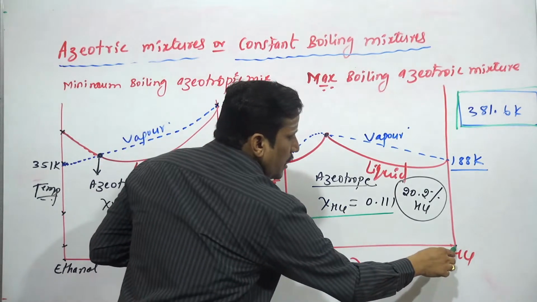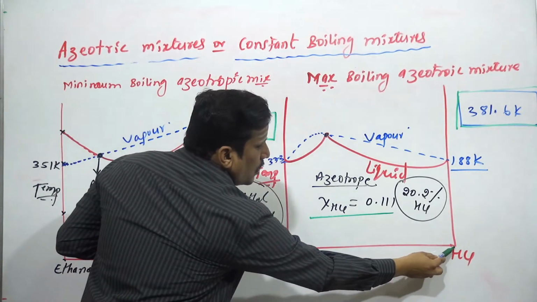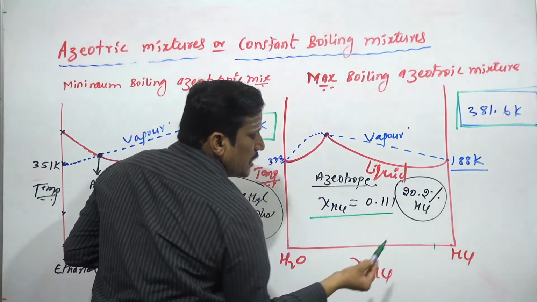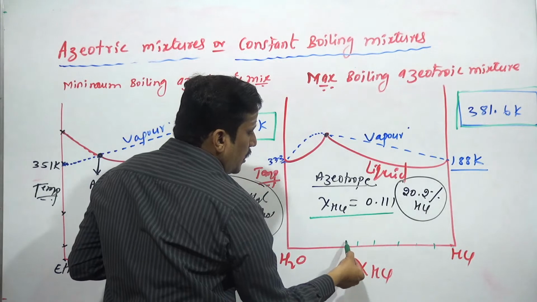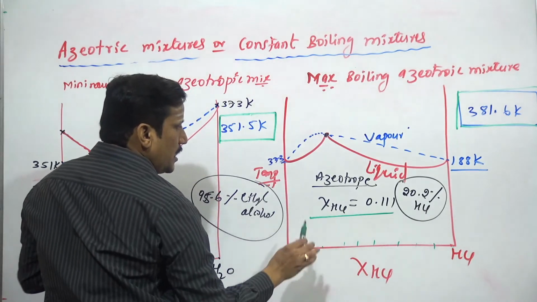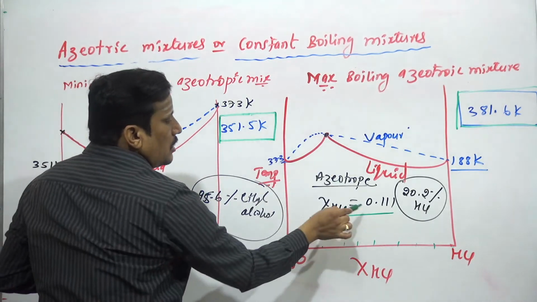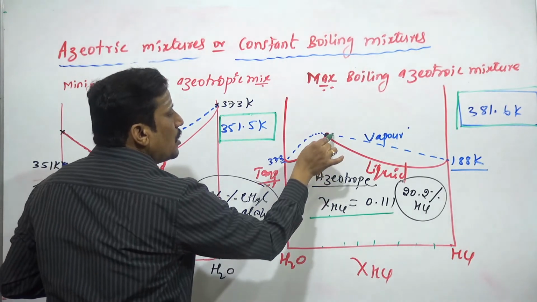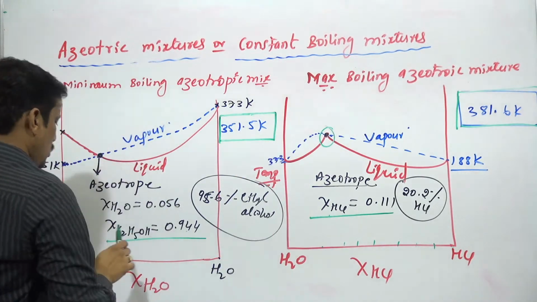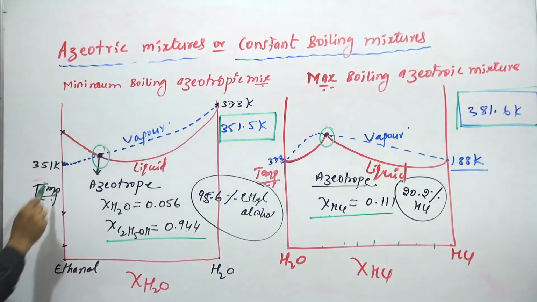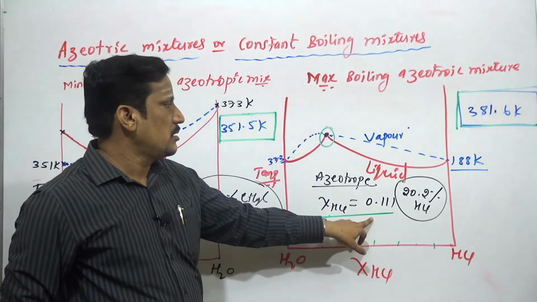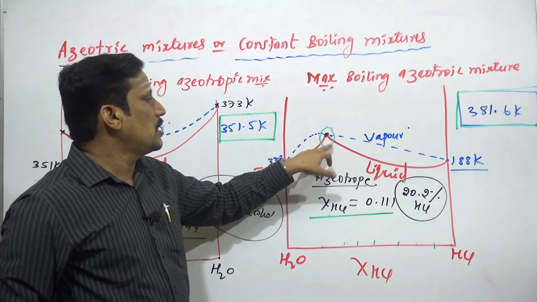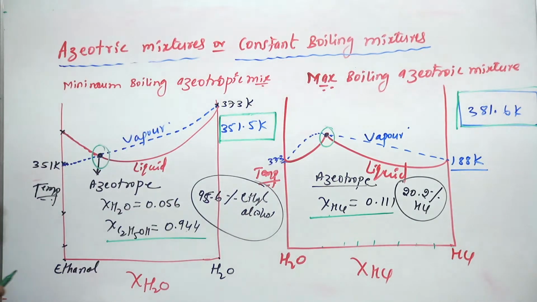Here it is 1.0, then it comes down 0.9, 0.8, 0.7, and keeps coming down. At this point the mole fraction of HCl is 0.11, the mole fraction of ethyl alcohol is 0.944, and the remaining is water. So these are points where the ratio is the same.